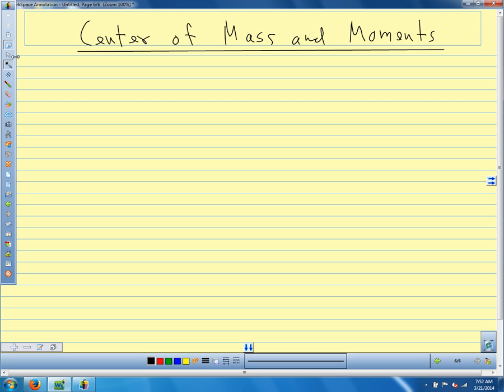Now when we talked about centers of mass and moments before, when we talked about planar lamina, we said rho, our density function, was mass per unit area.